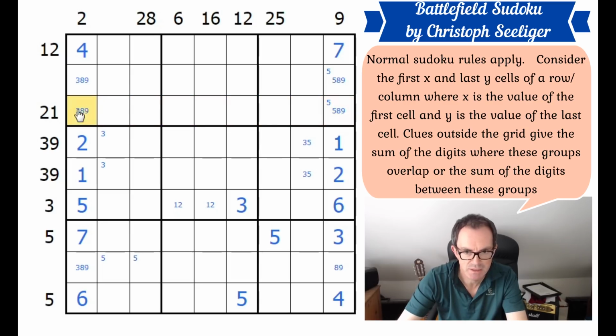That's complete nonsense. Now, I wonder if we could have a 3 and a 5. No, that doesn't work, because that leaves a 1-cell gap that has to equal 21. So there's either a 3 or a 5 in one of these two positions.